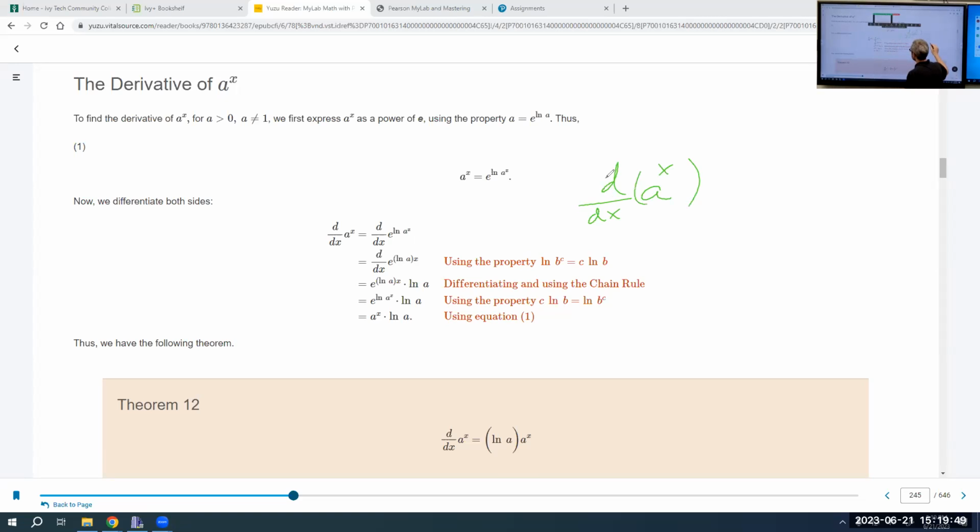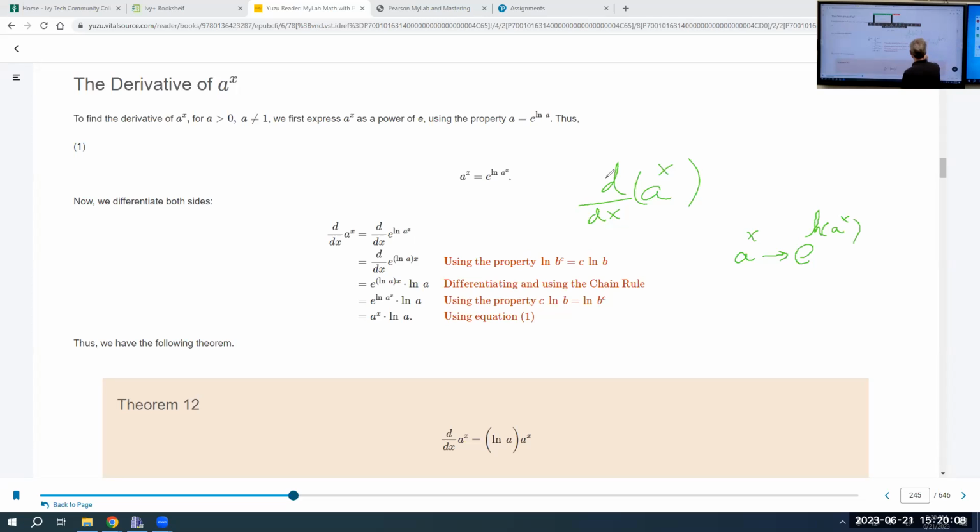What they do is they use the explanation there. So you have a to the x becomes e to the ln a times x, which is technically true, right? That's still the same thing. Then they take the derivative using chain rule, okay?